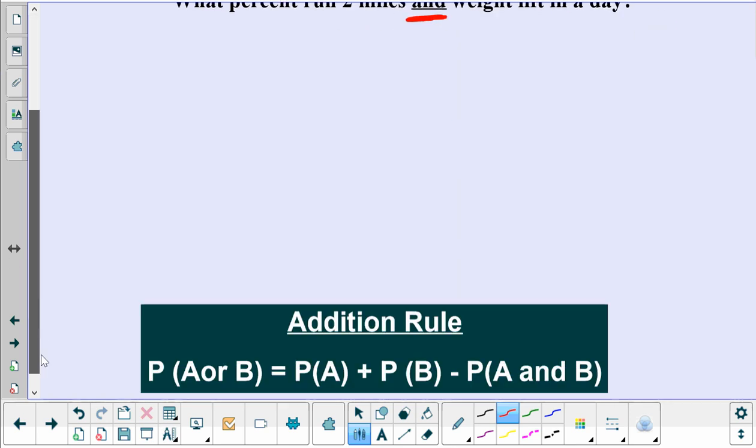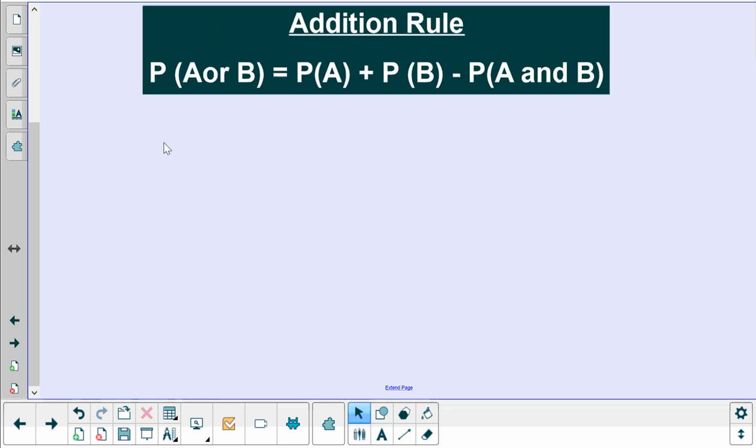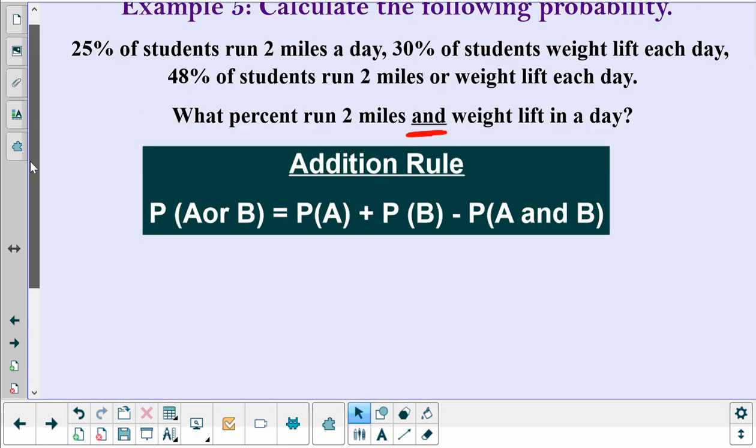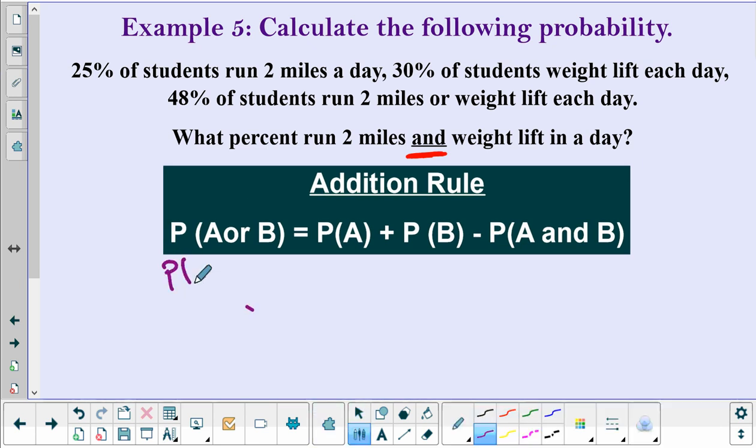So again, if I pull up my little model here, this is my model or my equation, if you will. Let's look at what we are finding. We've got the probability of running or weightlifting. So why do I keep putting a plus sign there? Is equal to probability of running plus the probability of weightlifting minus the probability of both.